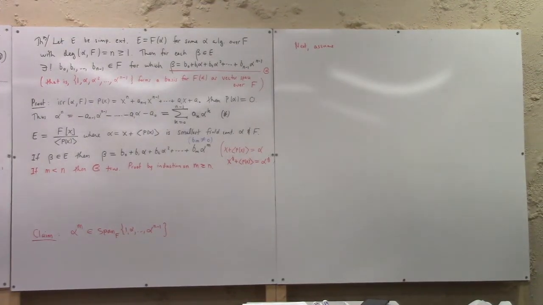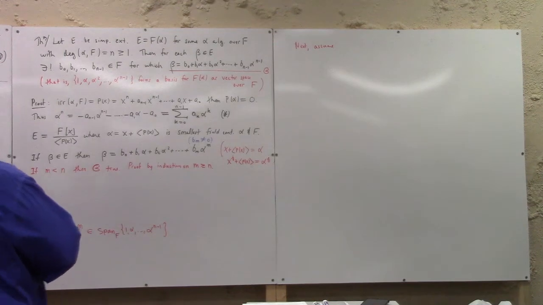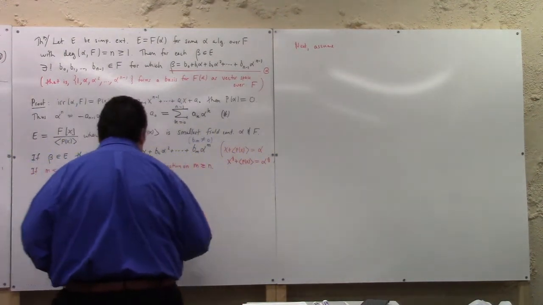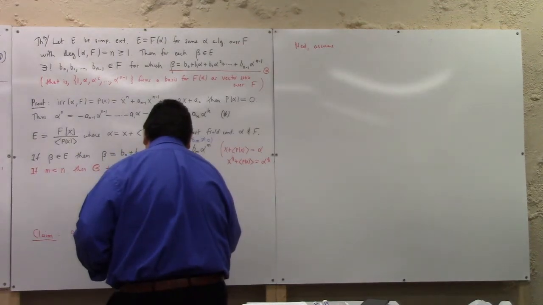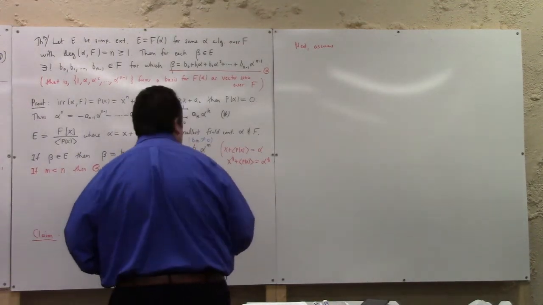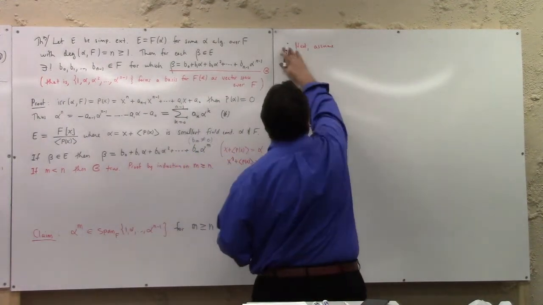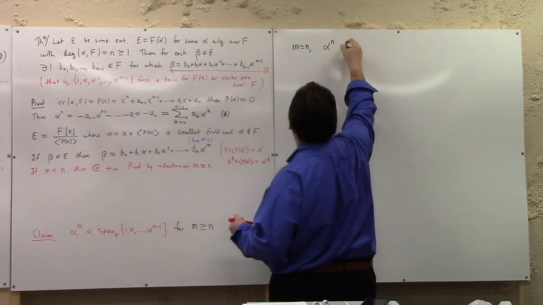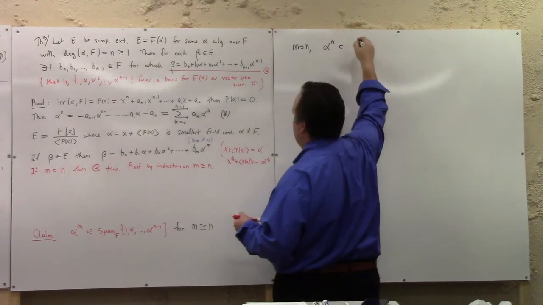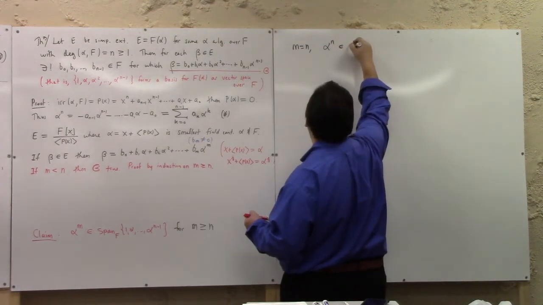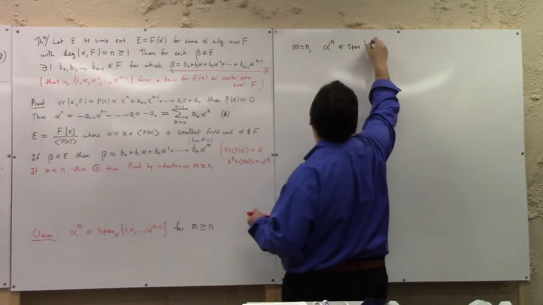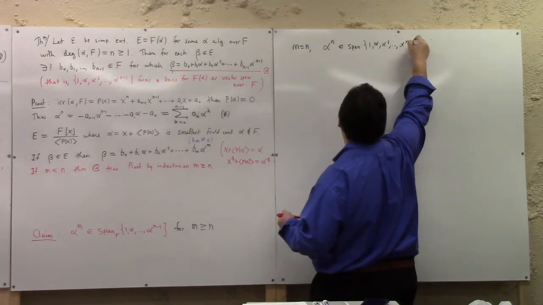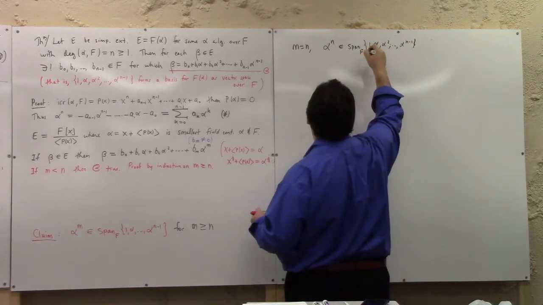All right, so assume inductively, of course, m greater than or equal to n. So m equals n, and we have alpha to the n, which is an element of the span of 1, alpha, alpha squared, up to alpha to the n minus 1 over F by star.